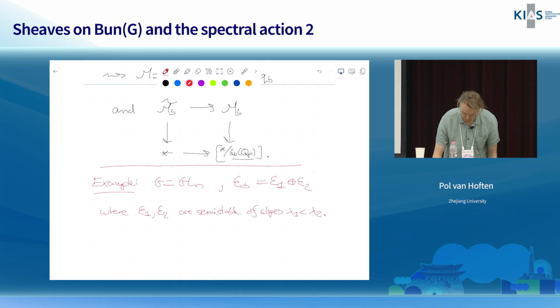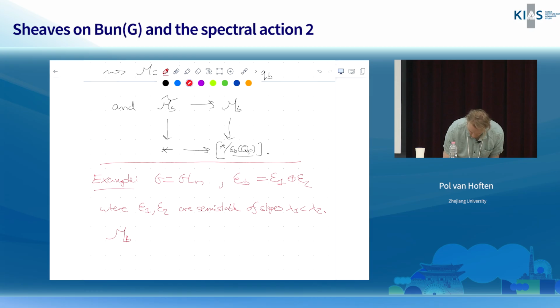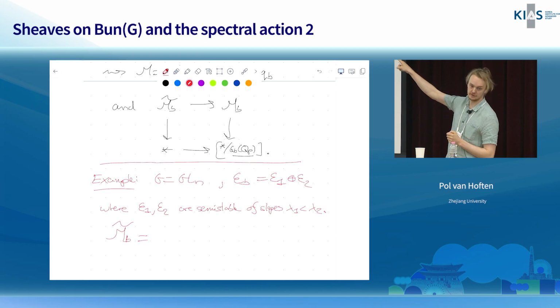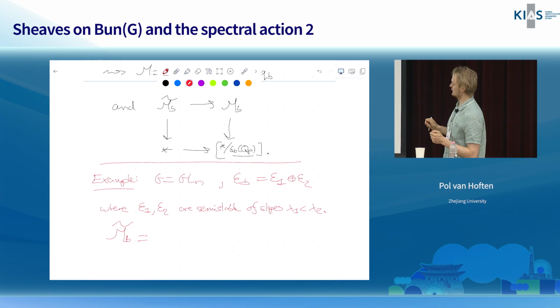Okay, so then I could ask, what is MB? And I'm going to tell you what is MB tilde. So MB would be like filtrations where the graded pieces are abstractly isomorphic to E1 and E2, whereas MB tilde is just extensions of E1 by E2.